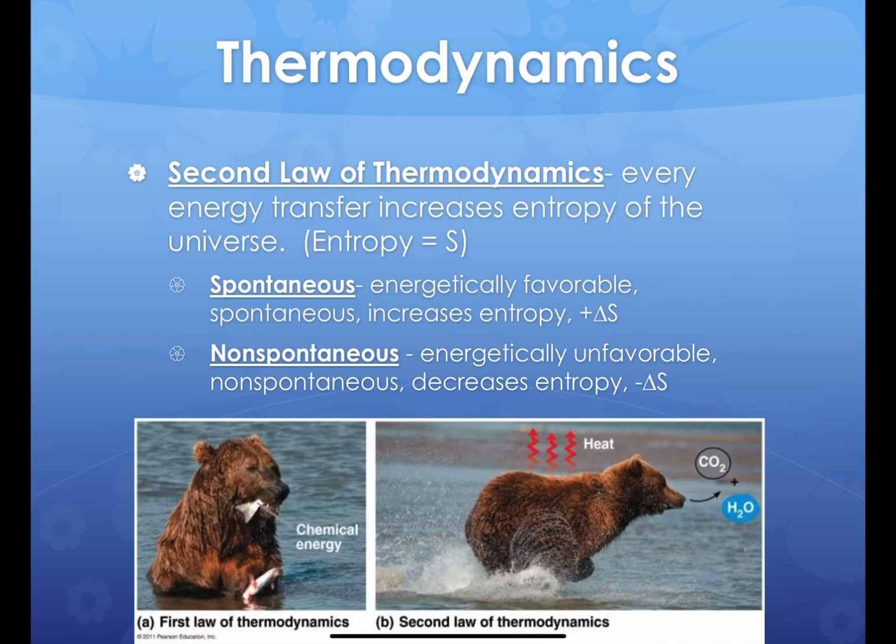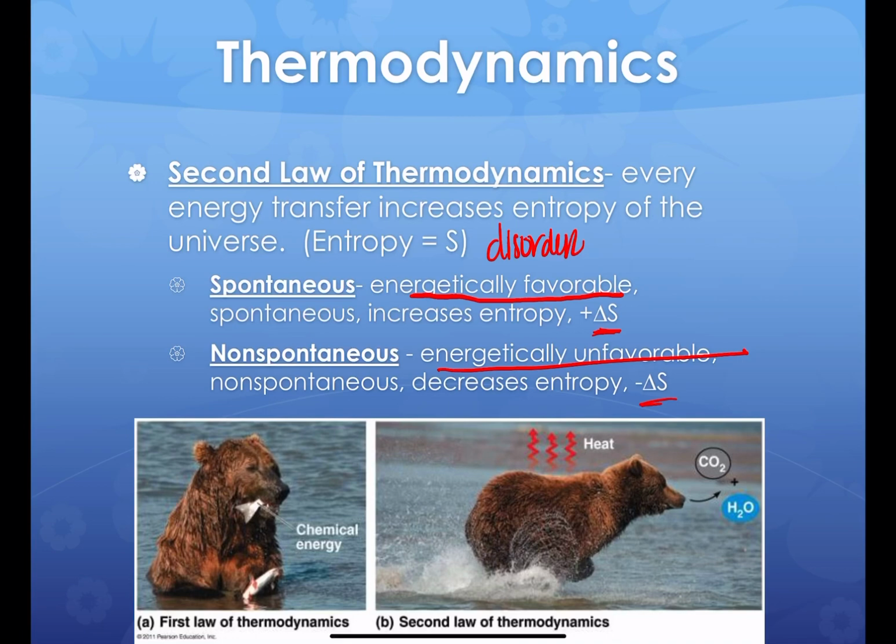Entropy is the disorder of a system, and all energy transfers are going to increase disorder in a system. Spontaneous reactions are energetically favorable. They have a positive change in entropy, meaning they increase disorder, versus non-spontaneous reactions, which are energetically unfavorable. They have a negative change in entropy, or a decrease in entropy.